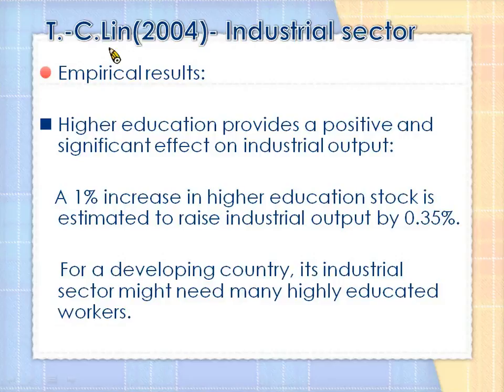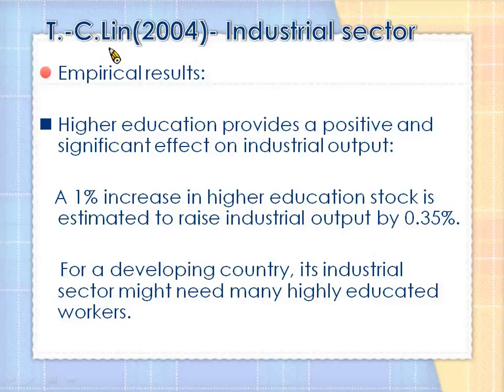So by looking at industry sector, they find that higher education provides a positive and significant effect on industry output. Okay, at the industry level. The previous one looked at the aggregate economy level, and they find a 1% increase in higher education stock is estimated to increase industry output by 0.35%.